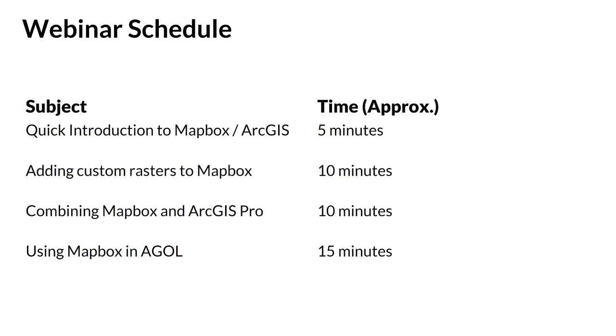We're going to start with what is Mapbox, what is ArcGIS, then move forward into how you can expand the default utility of Mapbox Studio by adding custom rasters, then how you can combine Mapbox and ArcGIS Pro on a desktop. And then finally, we're going to end with how you can use Mapbox in ArcGIS Online. That is everything from web maps to incorporating it into operations dashboards or story maps, which I'm very excited about.